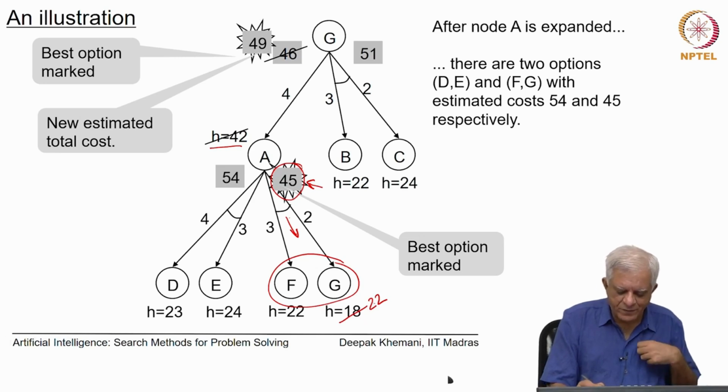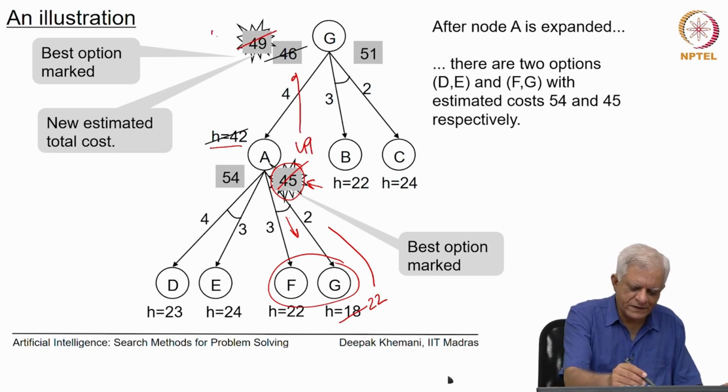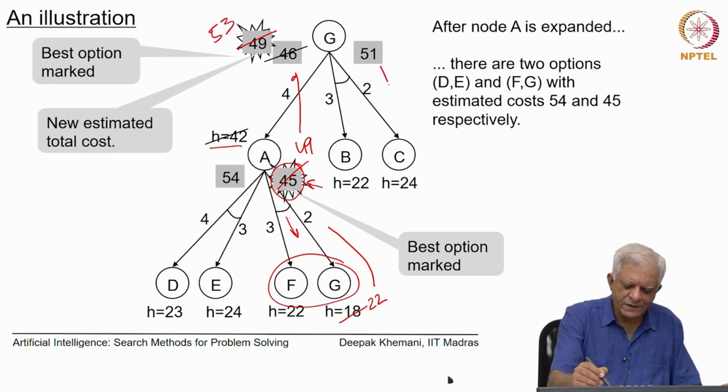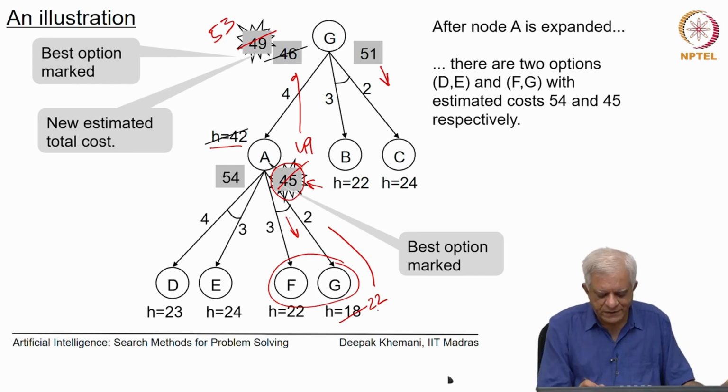Then we would have had to propagate this 22 here, and this would have become actually 49, and then we propagate, this would have become 53, and then the marker would have shifted to this one here. So, if the cost of G was 22, then by the time we backed up to the root, the algorithm in the next cycle would have shifted away from solving node A and shifted towards solving nodes B and C.